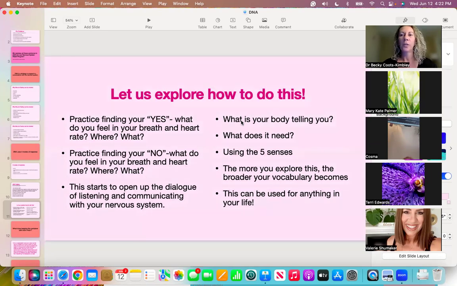Notice how you feel when you eat certain foods versus other foods. There's actually a test that you can do where you eat a little bit of food and then you check your heart rate. And then your heart rate, if it's a food that you shouldn't be eating, is actually going to elevate. That is your body. That's one way your body is telling you, yeah, we can't be eating this food. There might be a sensitivity. There might be an allergy there. Let your body tell you what it needs.